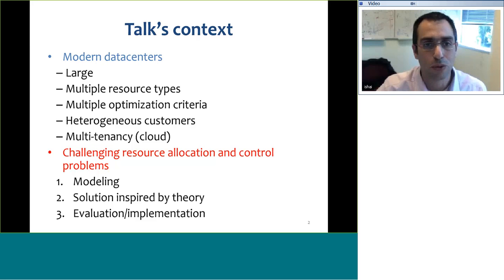So what I like to do in particular is come up with algorithms that are inspired by theory, so that there is some hope, or if we can get guarantees, fine. If not, then there is some principle derived from either optimization or other fields.